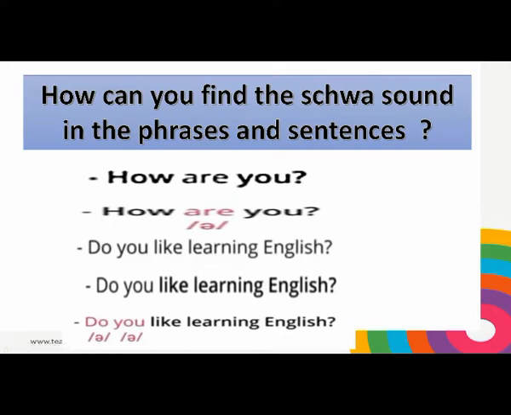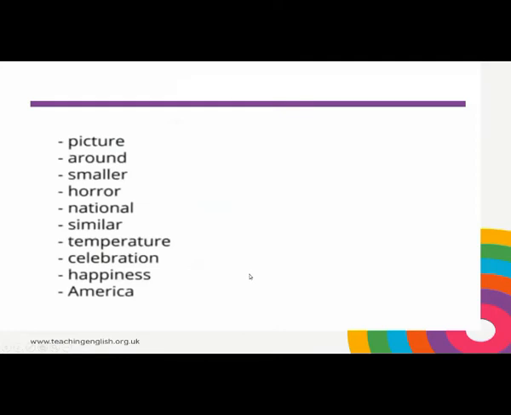Okay, so let's practice together. Where are the schwas in these words? I will give you only 2 minutes.